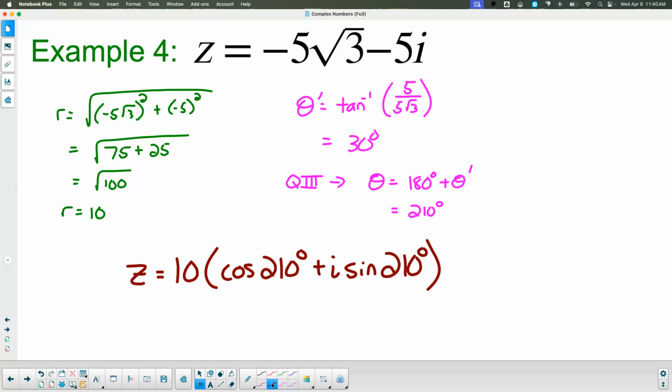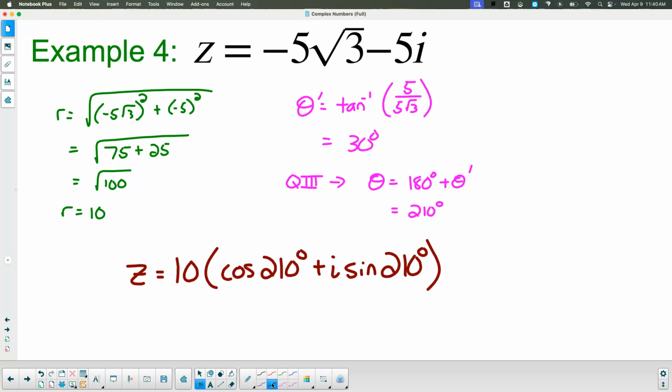Yes, ma'am. How am I getting this in? Because you need to put your 5 square roots of 3 in an extra set of parentheses. So I need a parenthesis 5 square roots of 3, close, gives you 30.